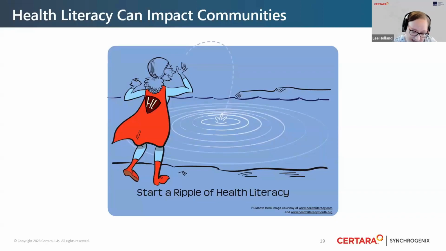One great thing is that by improving health literacy, it can impact entire communities. I love this infographic. It was produced for Health Literacy Month, and it says, start a ripple of health literacy. So basically, when you start improving health literacy, that health literacy ripples outwards as people share information.